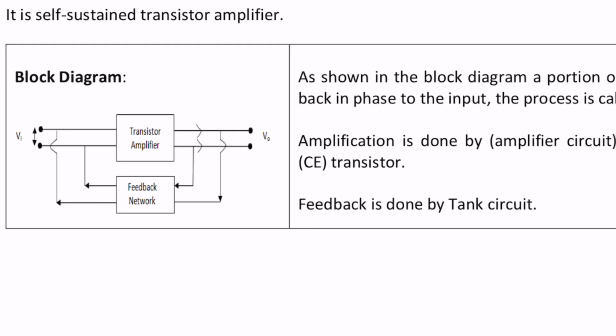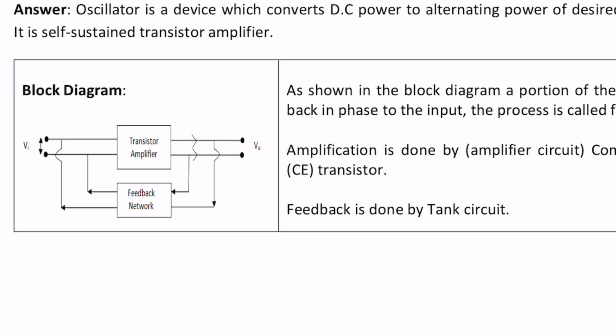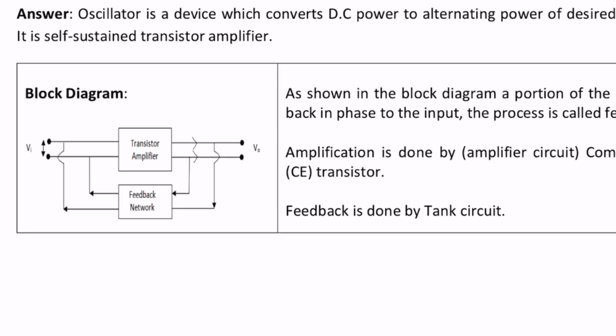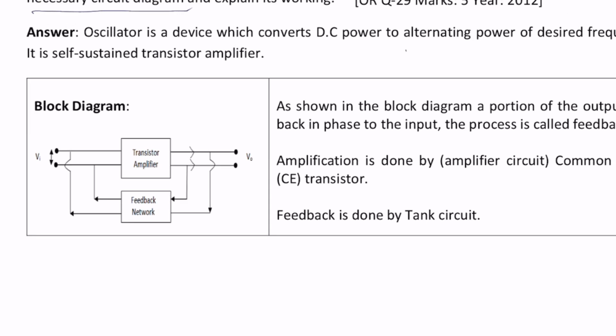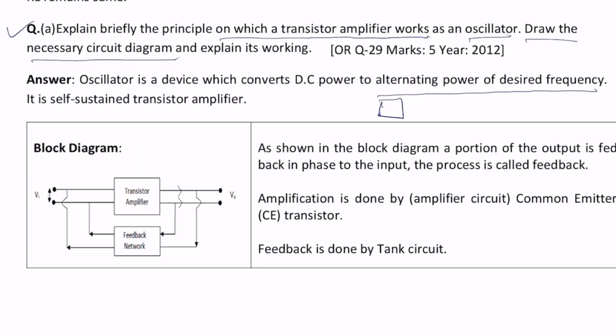What is an oscillator? An oscillator is a device which converts DC power to alternating power at a desired frequency. So the input is DC and the output is AC.